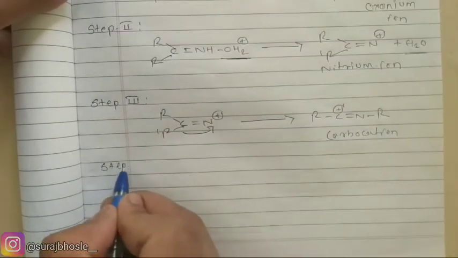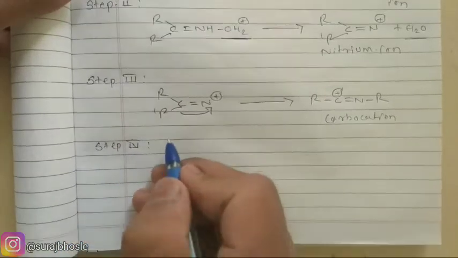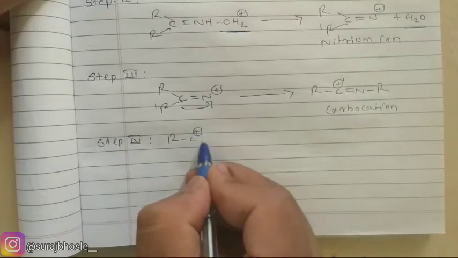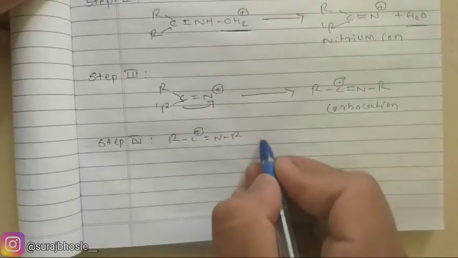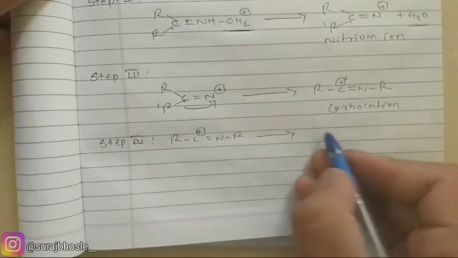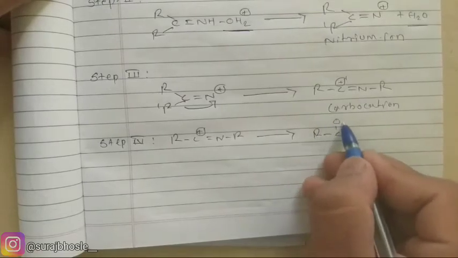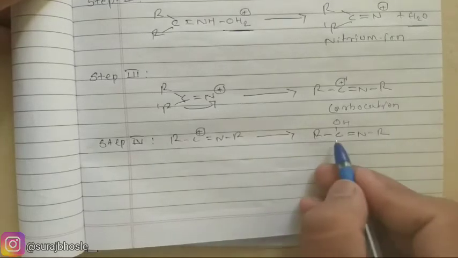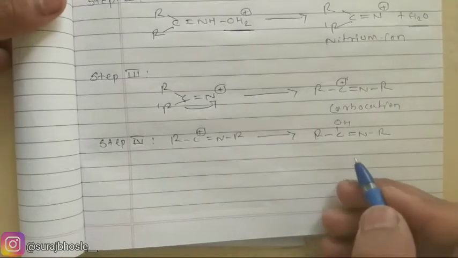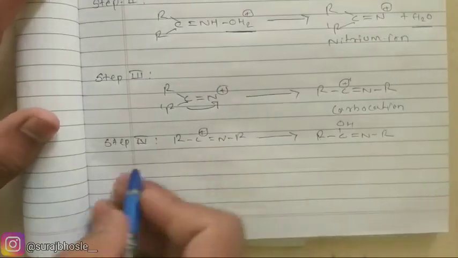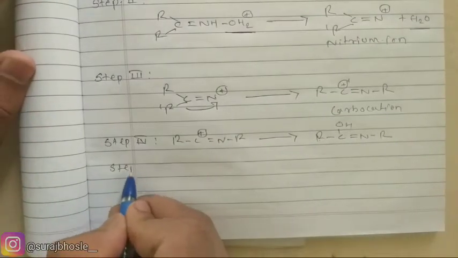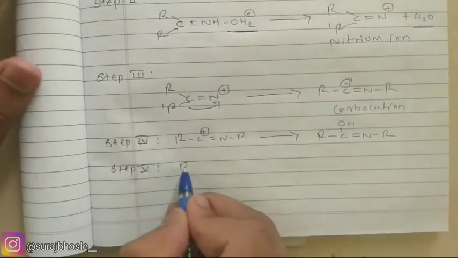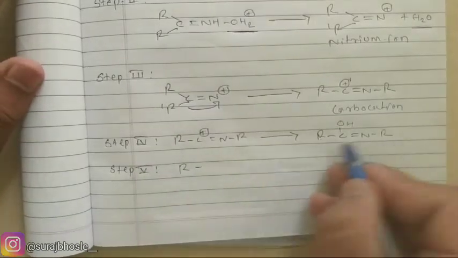Now in step 4, this carbocation goes through a hydrolysis reaction. R-C+=N-R undergoes hydrolysis, leading to the formation of R-C(OH)=N-R.